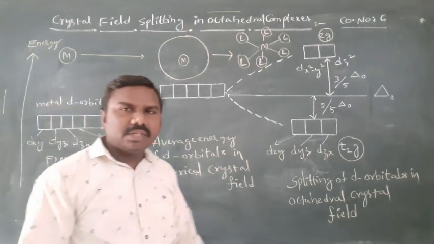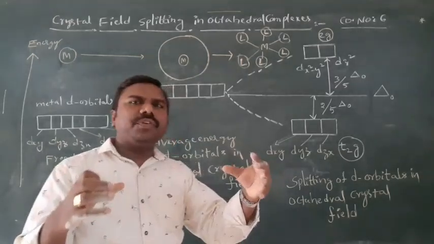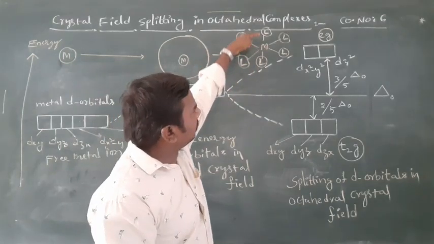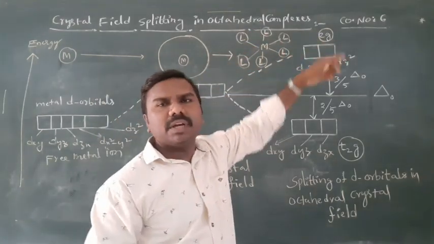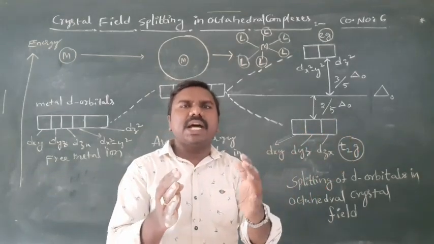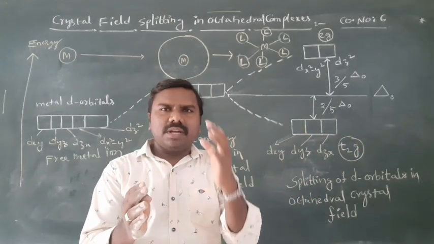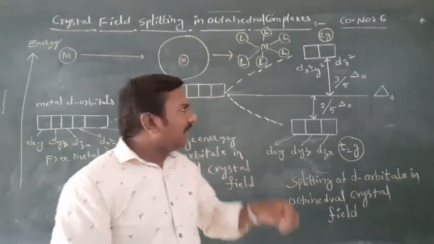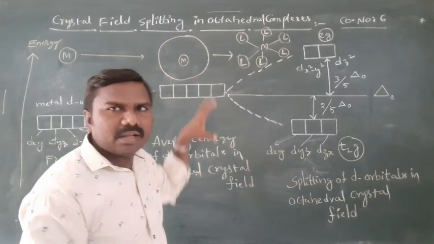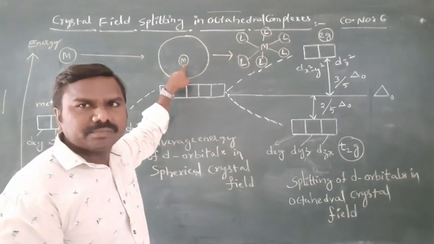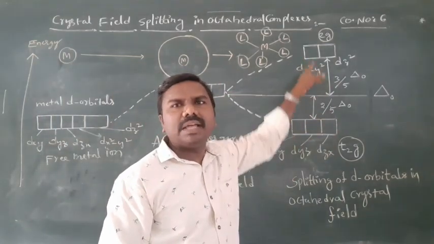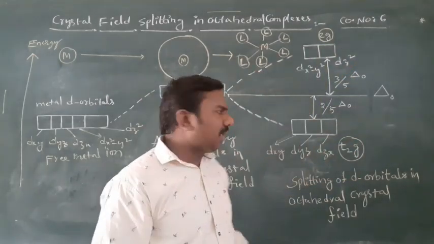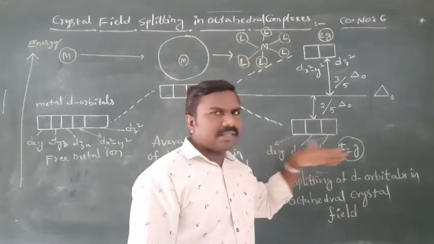Now ligands approach, and a few ligands come closer to the central atom. Gradually the distance between the ligand and central atom decreases, so ligand electrons and metal atom electrons repel each other. Then the degenerate d orbitals in the central metal atom split into two levels. One is the T2G level, another is the EG level. T2G means these three are at the same energy level.